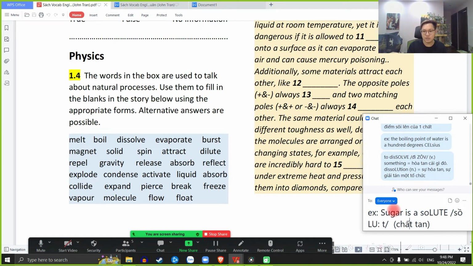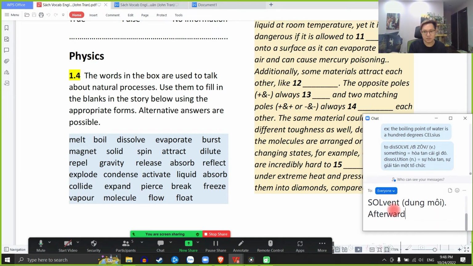Solute means the dissolved substance. It dissolves in water because water is a good solvent. Solvent is the dissolving medium. Afterward, they become a solution.